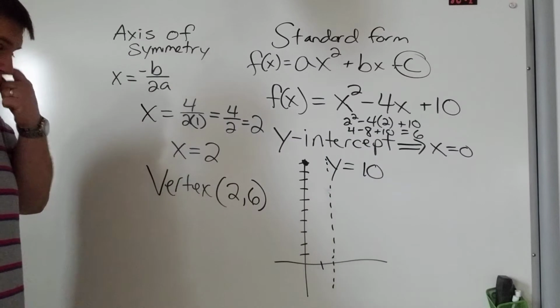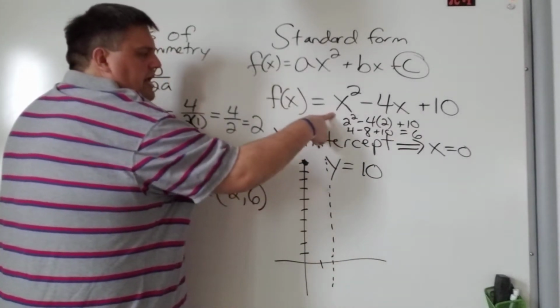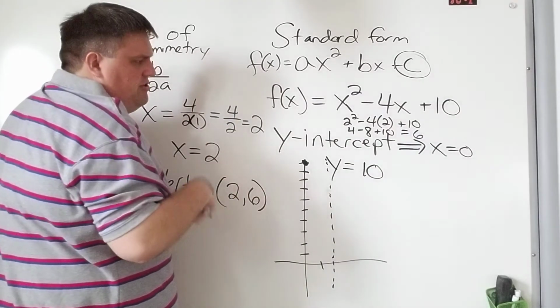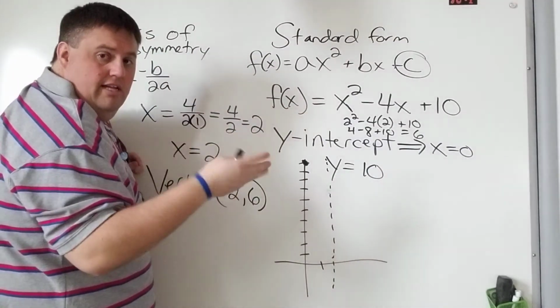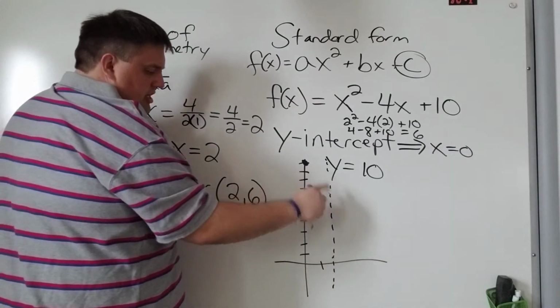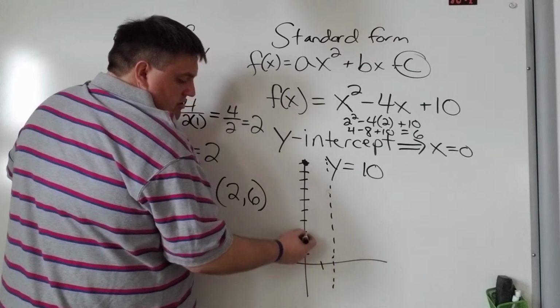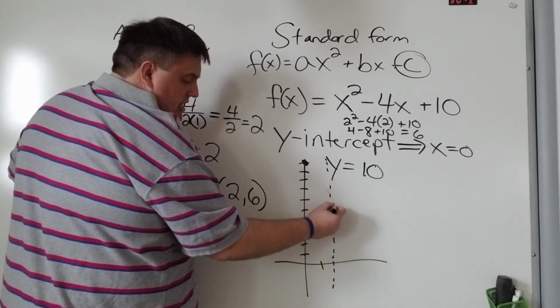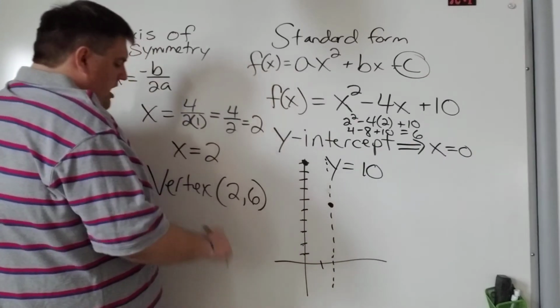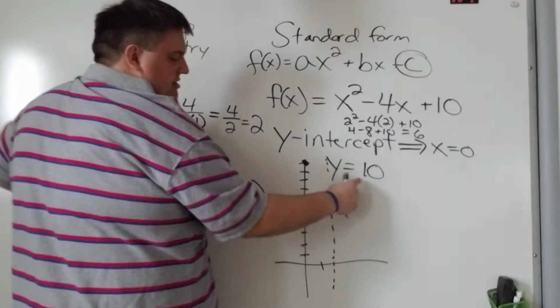And so now what's cool is if I was just graphing what this picture looks like, I know it doesn't have an a value, so it's not going to be skinny or wide. It's not flipped because it's not negative. I know the line of symmetry. In fact, I know the vertex is at (2, 6) right here. And I also know that it crosses the y-axis here at 10.